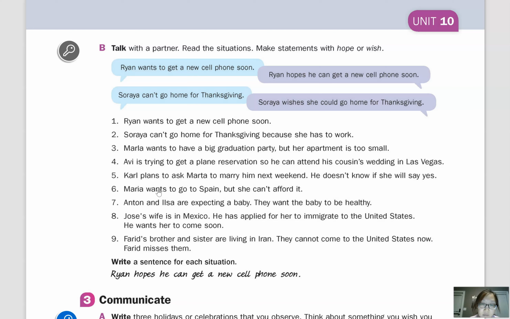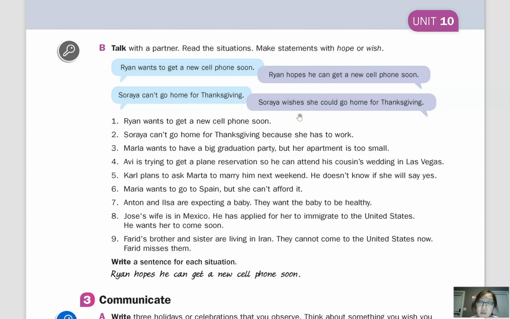So could is a form of can, so we know that it's talking about ability. So if you look here, Soraya wishes she could, like she had the ability, she was able, or she were able to go home. Now when we say would, it is a form of will.